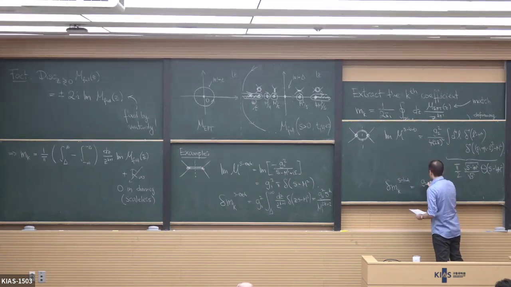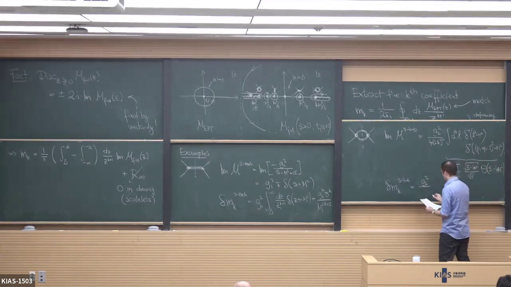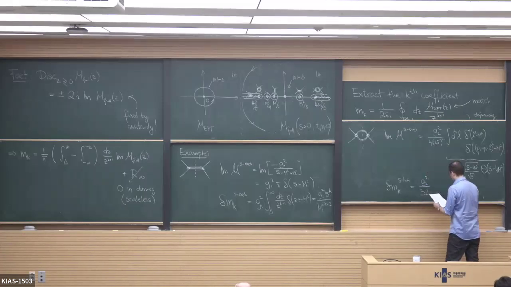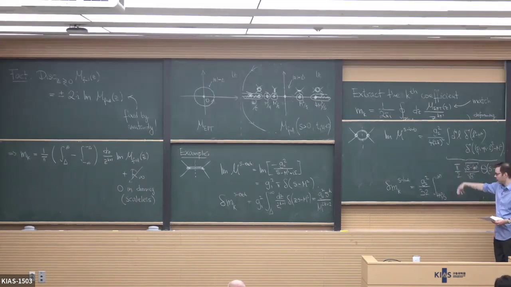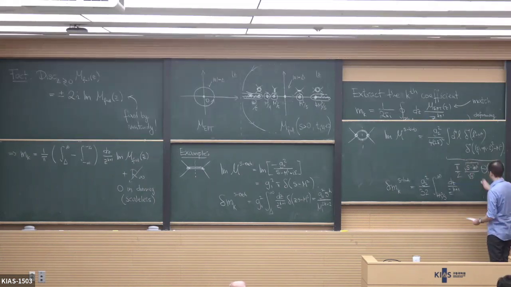So this is going to be G2 squared, and then if I work out all the factors, just copy them from notes, you get this integral. So you have to integrate over all allowed region from 4m squared to infinity, and then dz over z to the k plus 1. And then I just copy this, right? So this is zs minus 4m squared and zs.